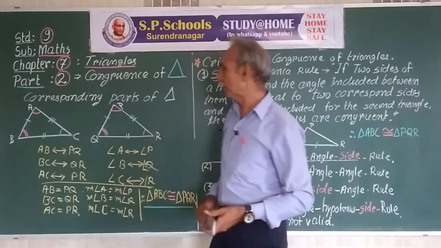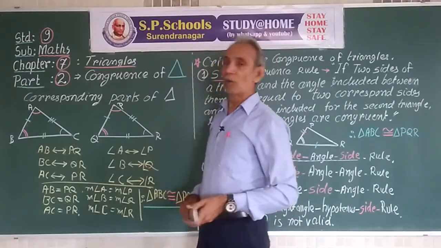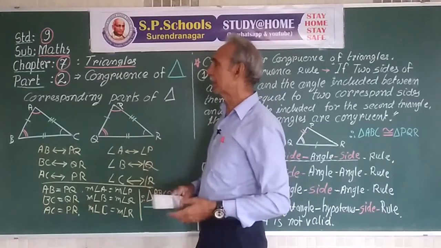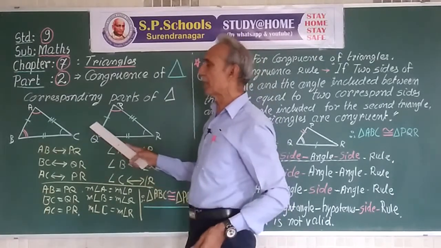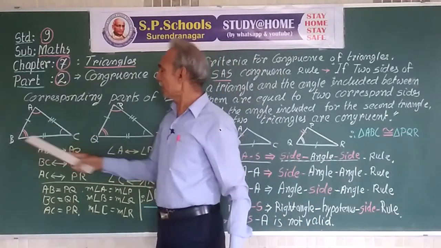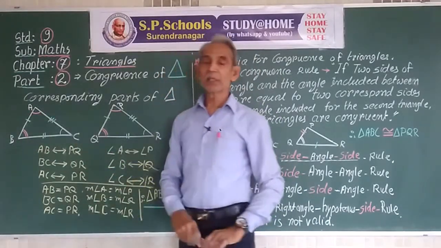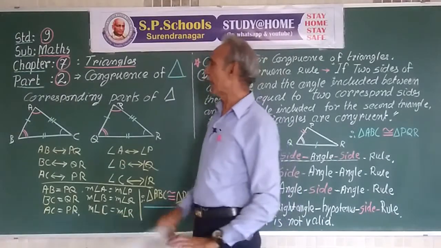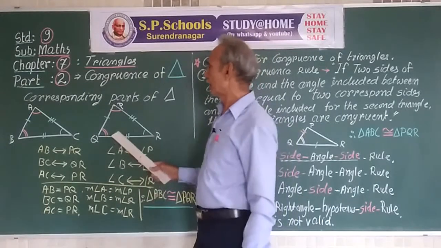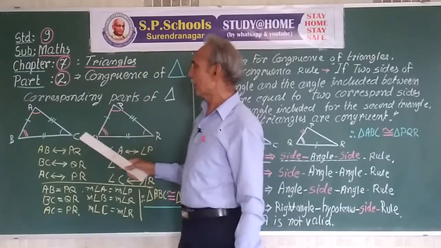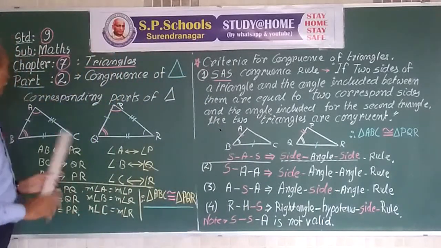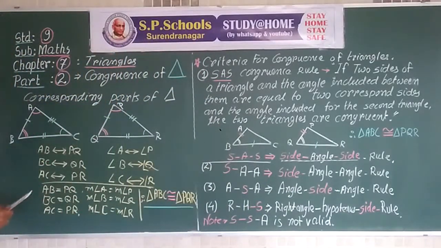Congruence means if one triangle is in some way exactly the same as the other triangle, in parts, corresponding parts, we say that these two triangles are congruent.